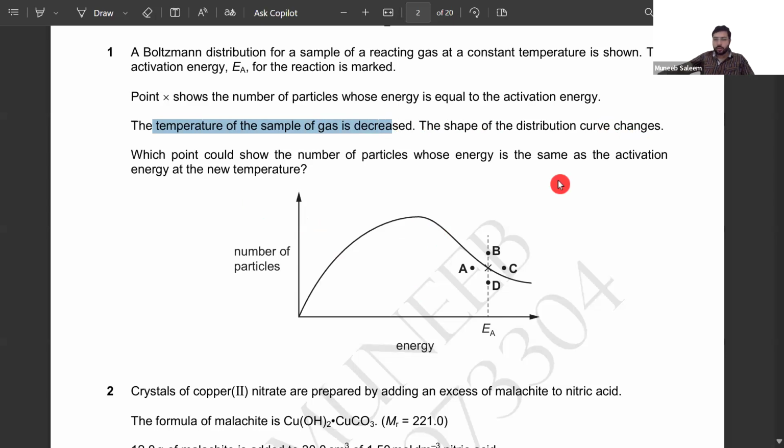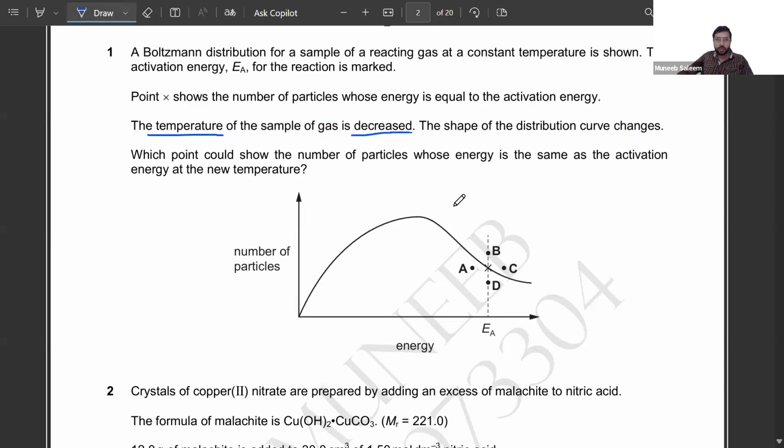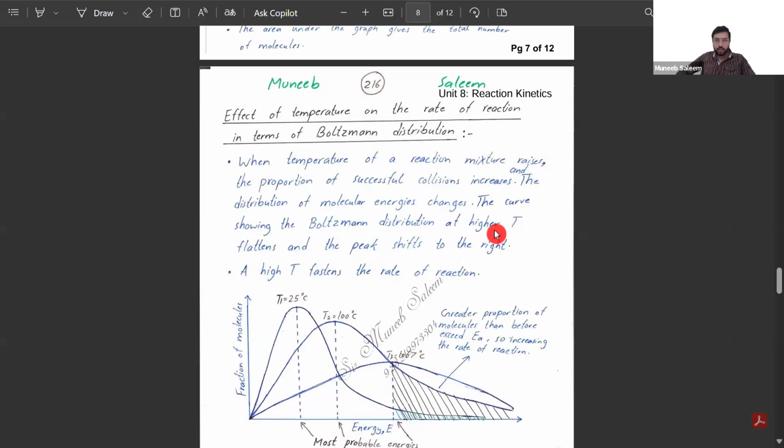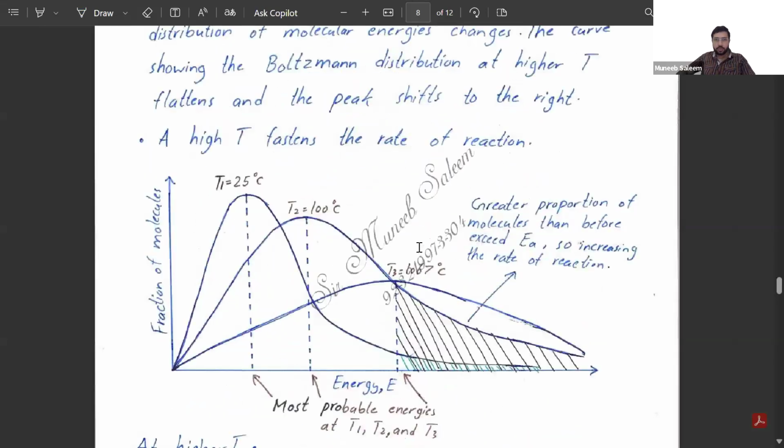So basically what we look at here is that there is a decrease in the temperature. Temperature is decreased, so we have to decide what should be the new shape of this curve. For this purpose, I will show you my notes on which you can find the change in the curve.